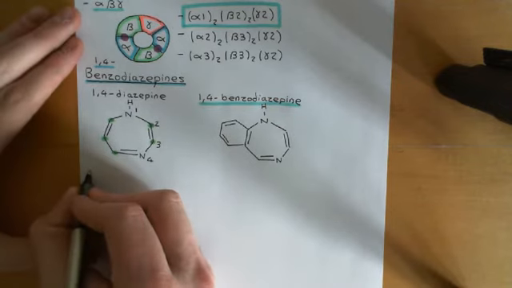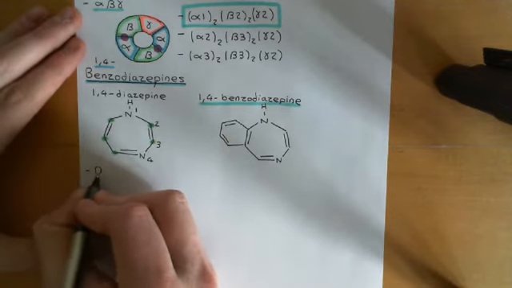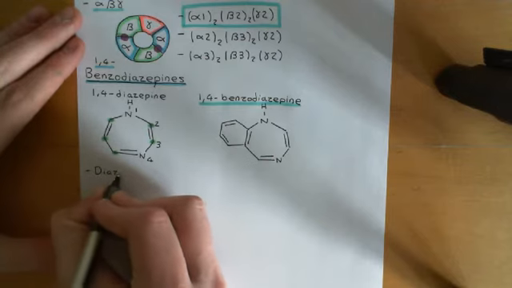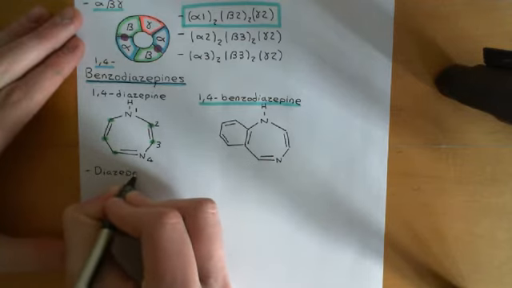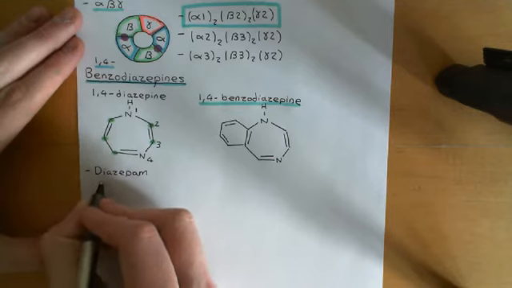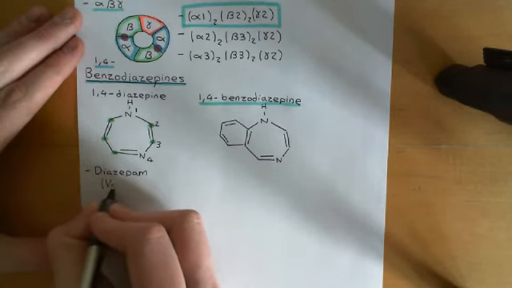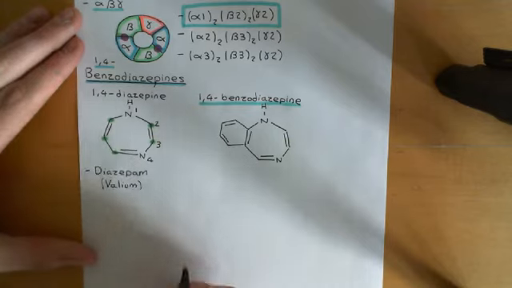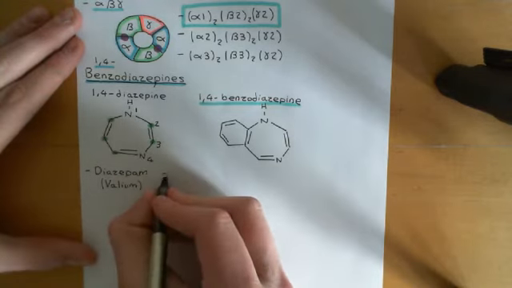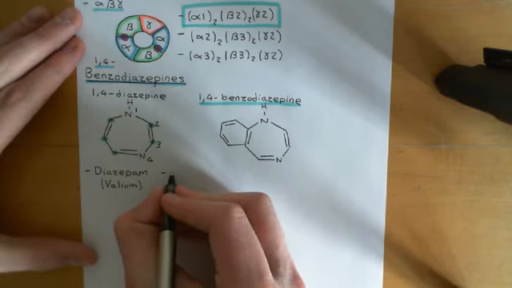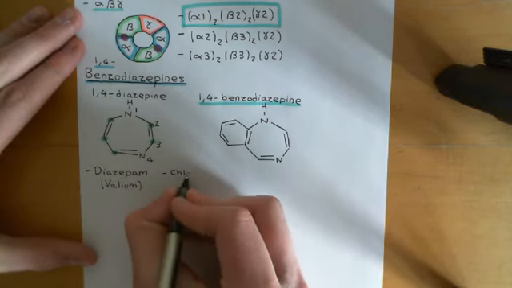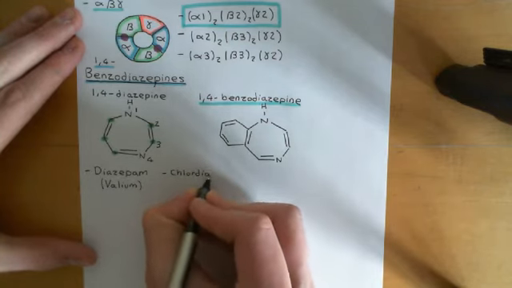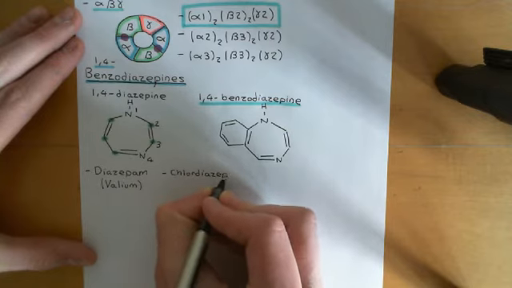Some very notable examples then. One is Diazepam. Diazepam is probably the most famous of all of the benzodiazepines. It's more commonly known by its infamous trade name, which is Valium. Other examples of 1,4 benzodiazepines are chlordiazepoxide. That one's notable because it was the first one ever to be synthesized.